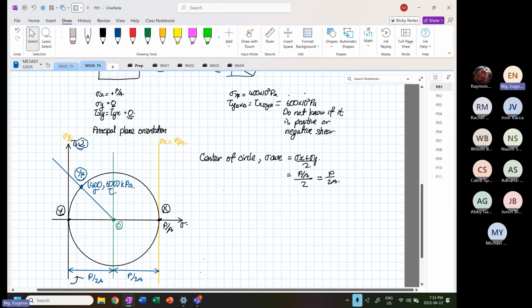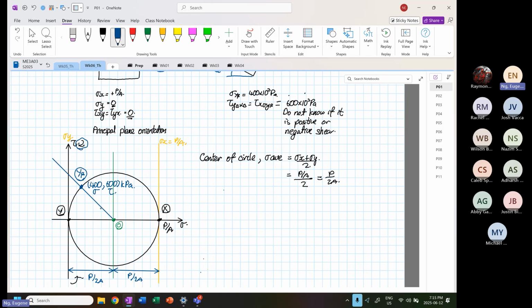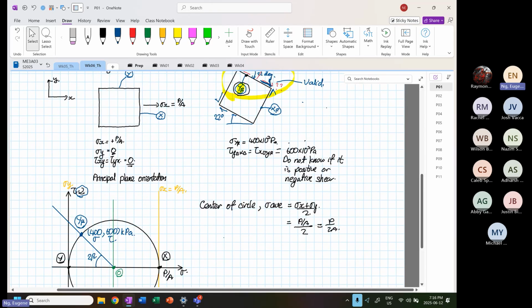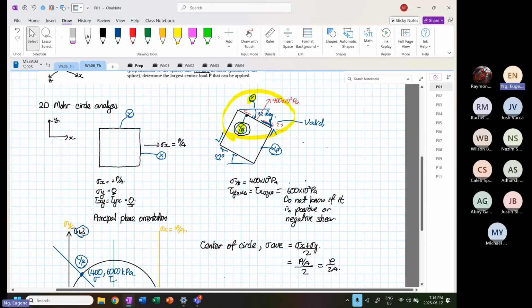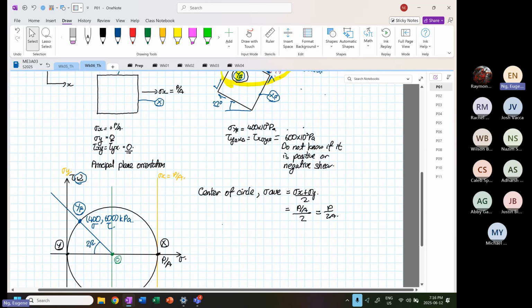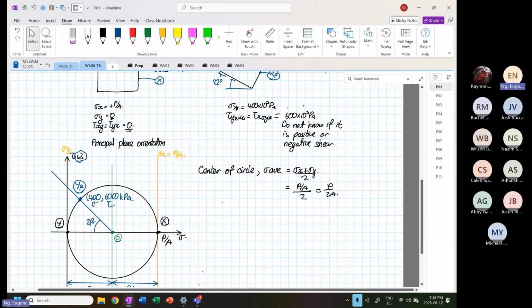Now we have to find the normal stress value, and also the shear stress value. What we are aware of is that this angle is equal to 2 beta, because over here it is beta, and on Mohr circle it is 2 beta.